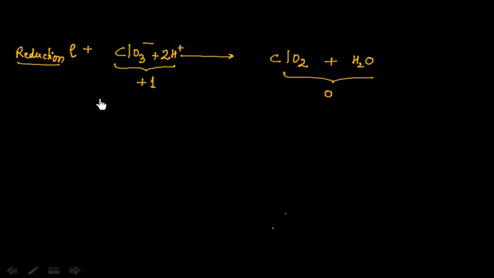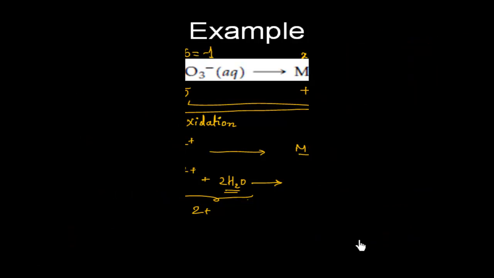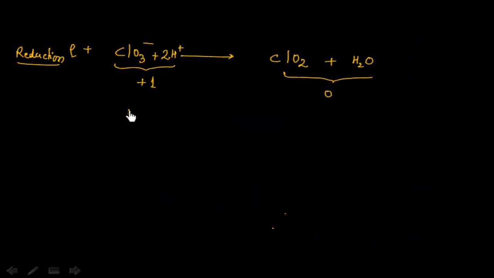So let us write reduction and oxidation half both together. This is Mn2+ goes to MnO2. So this 4H+ will go basically this side.